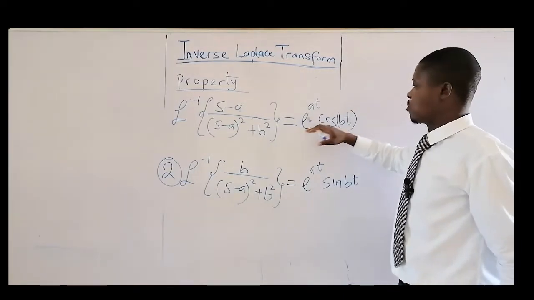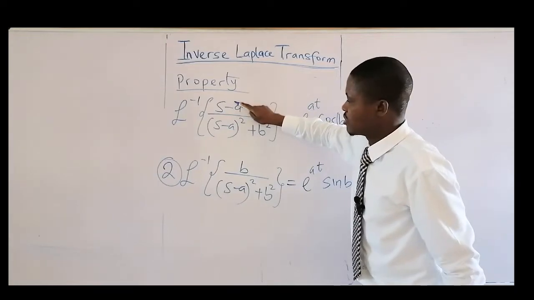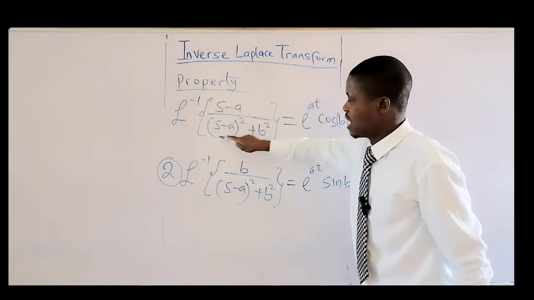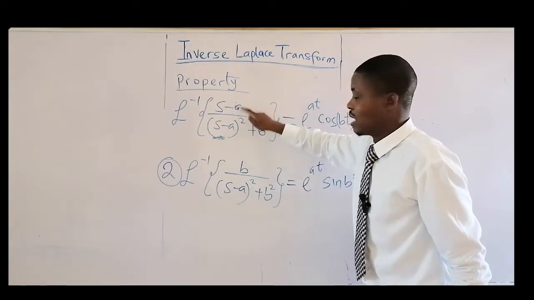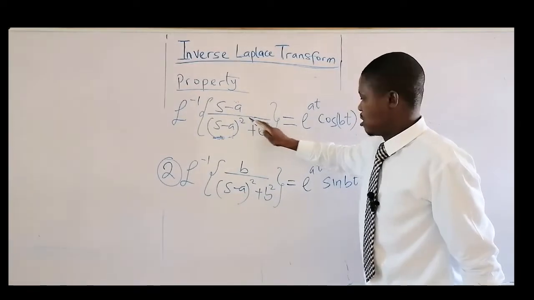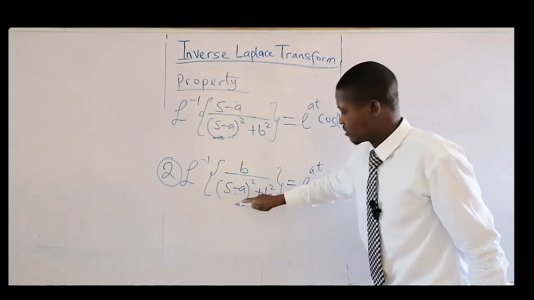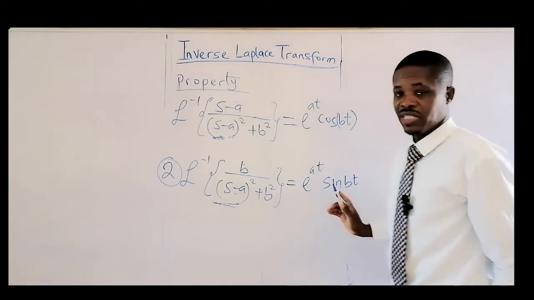if you're going to have exponential with cosine, then you must expect to have the numerator and the first part of the denominator being the same, but this one will be squared. But in the sine, they will not be the same. I mean, this part here and this one here will not be the same.